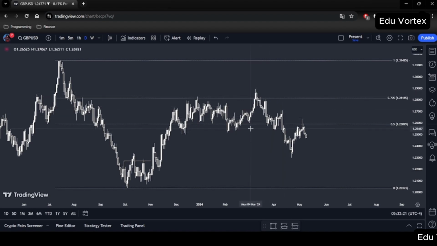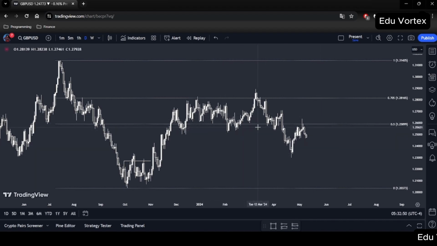But then you have this market structure break, which is the real one. If you were only thinking about entering short, you wouldn't have entered long here, because the weekly is bearish. So you might have ended up taking one loss, for example.